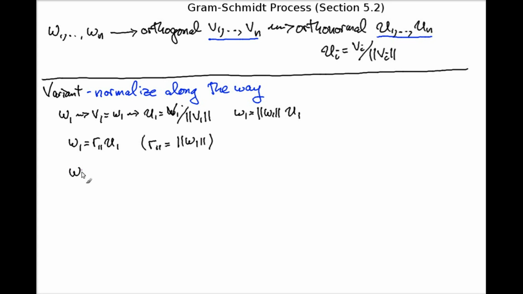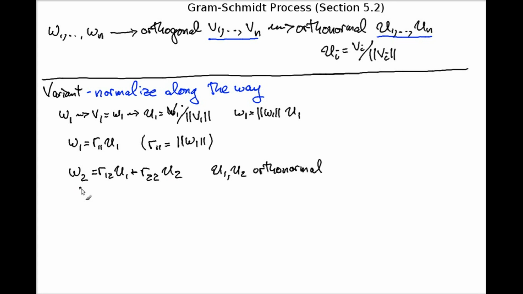And then I want to write w2 is equal to r12 u1 plus r22 u2. I want to pick two unit vectors, u1 and u2, I want u1 and u2 to be orthonormal in such a way that this new vector w2 is a linear combination of them.